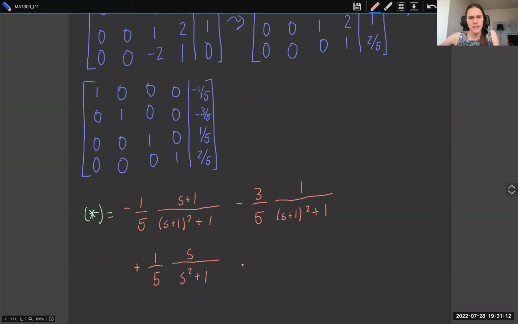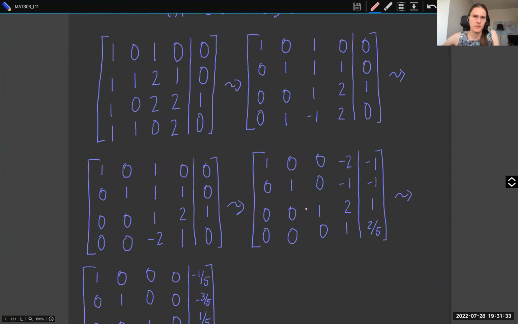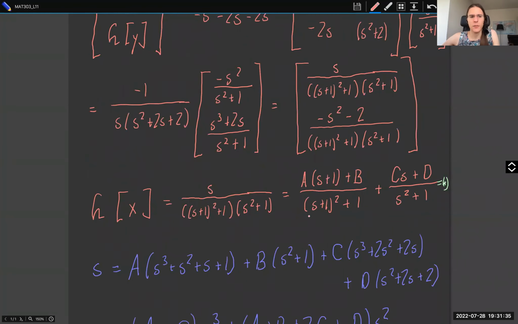And then this is going to be plus 2/5 times 1 over S squared plus 1. So that is the Laplace transform of x.